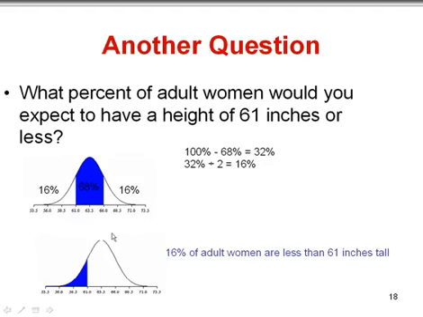And that is precisely the question that is asked. If we draw the graph to represent the problem's question, 61 inches or less, we see that that is 16%.